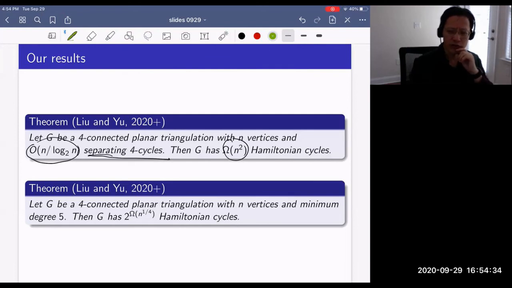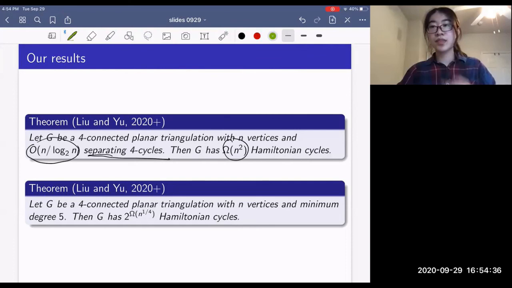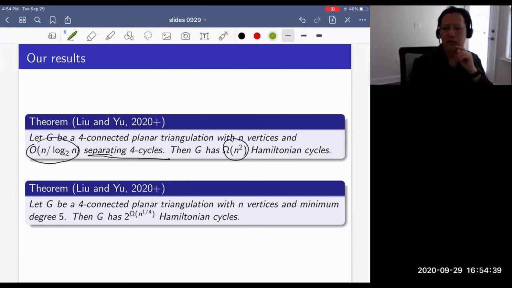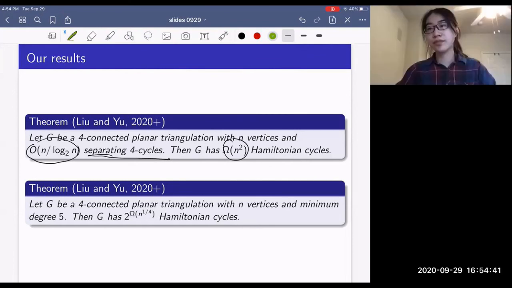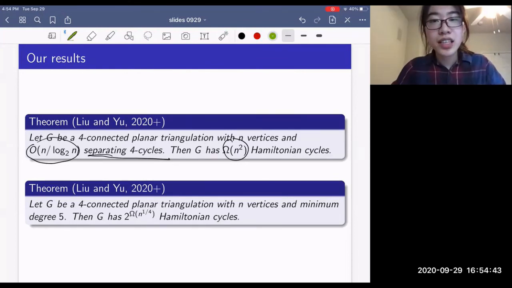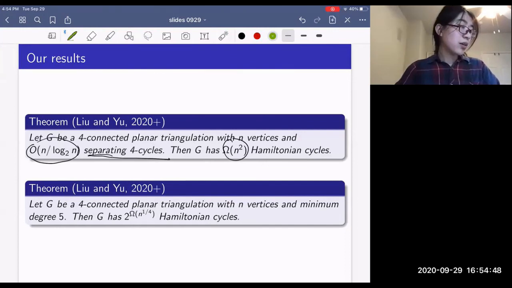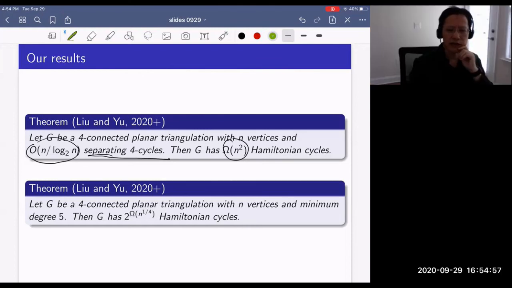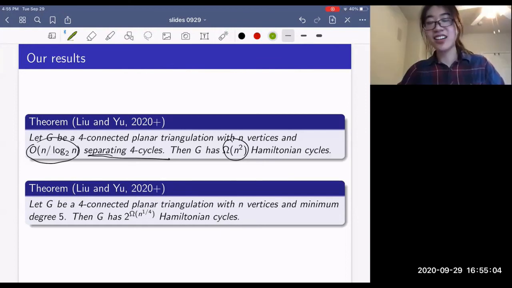But for the whole class of internally 4-connected graphs, we can't say anything. I'm not sure if we can apply Thomson's result to such graphs. We can, but it doesn't guarantee a Hamiltonian cycle in those graphs. Oh, okay. Thank you.